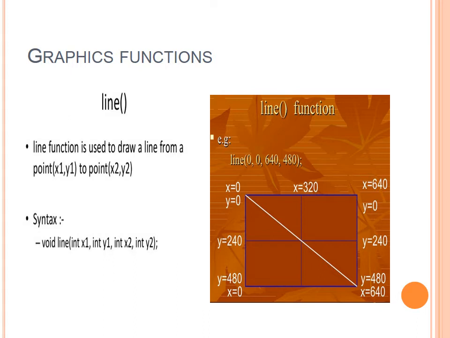So the first point is x equal to 0 and y equal to 0, and the second point is x2 is 640 and y2 is 480. Between these two points, one straight line is drawn.